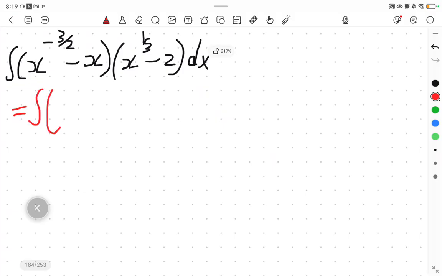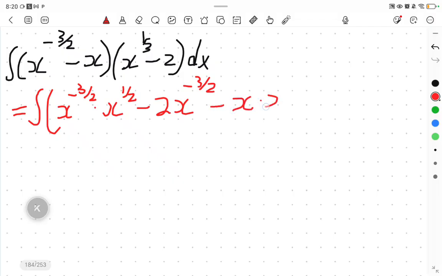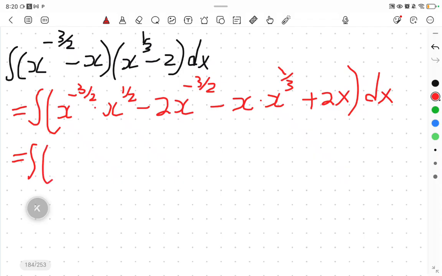First must have x minus 3 over 2 times x to the 1 over 2, to x minus 3 over 2, minus x times x to the 1 over 3, plus 2x dx. And then the first one, I keep the base and add the exponents.